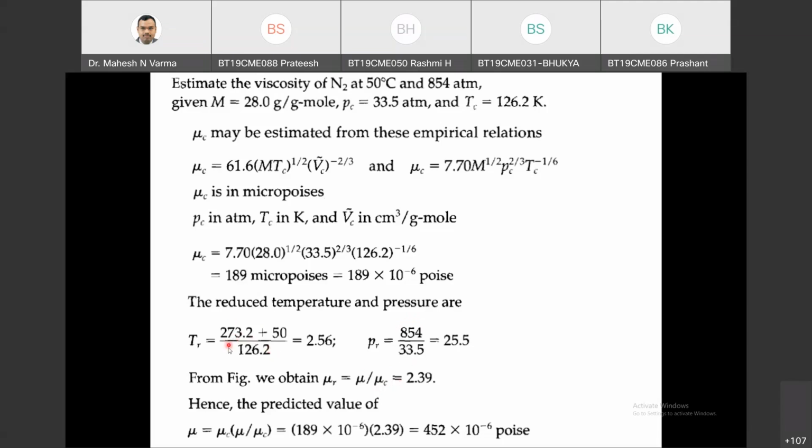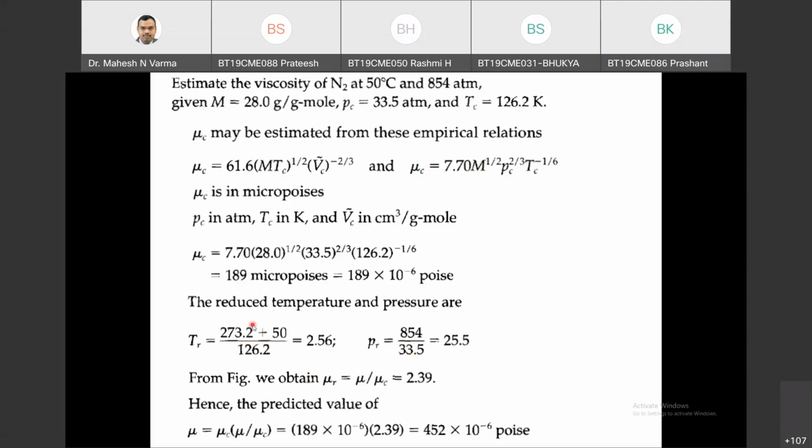So this data you can get from the data book: critical temperature, critical pressure. Similarly, molecular mass also you can get from the data book. So certainly you can get the critical viscosity value, and the critical temperature, critical pressure, and critical viscosity can be obtained from the data book.